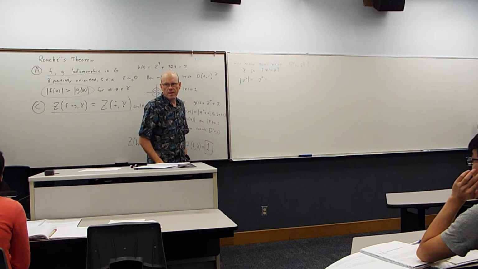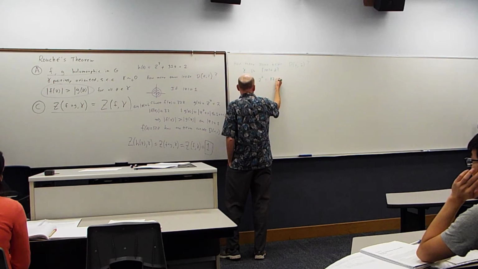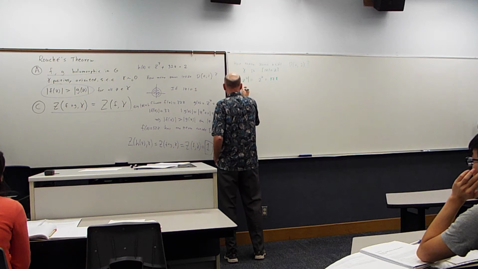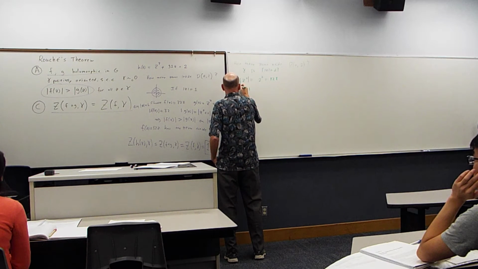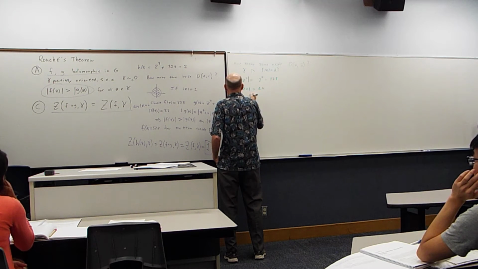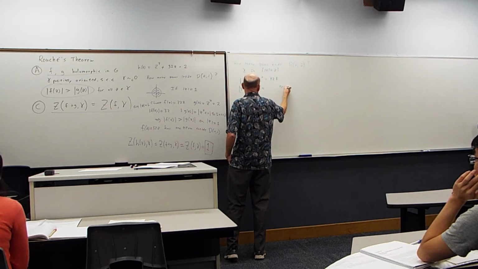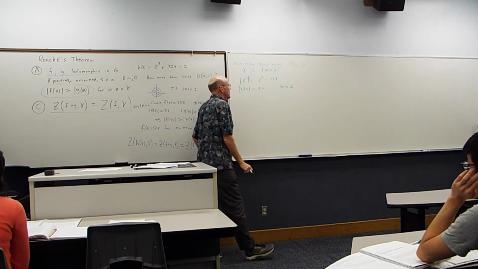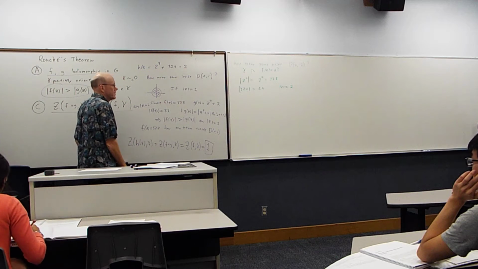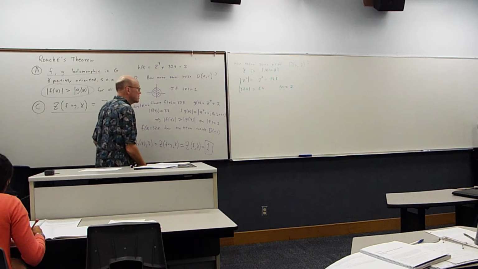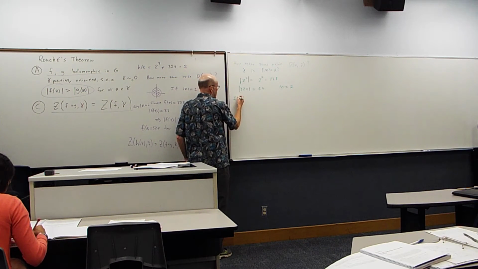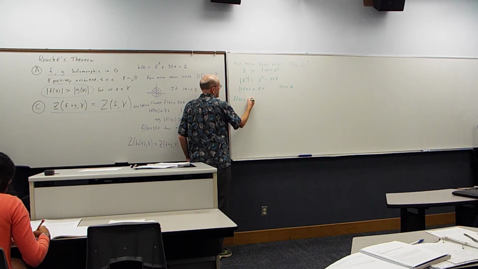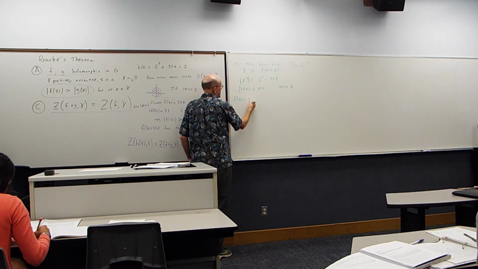Then 32z is going to be 64, and then the 2 is going to be 2. Right? So you choose f of z to be z to the 7th, which has 7 zeros.